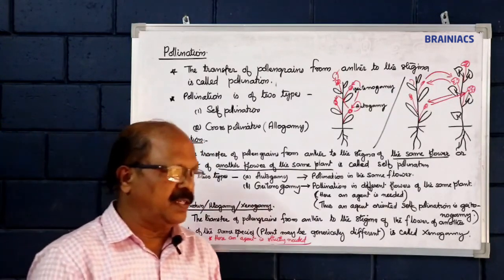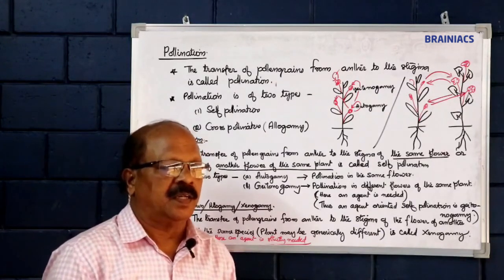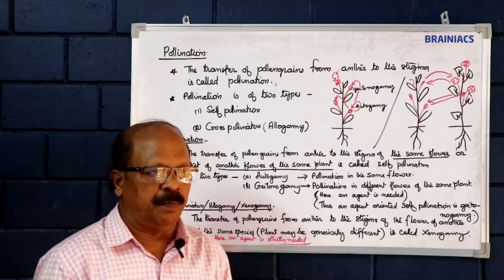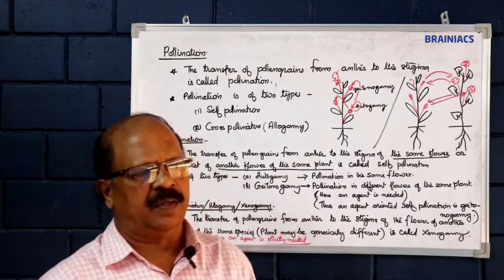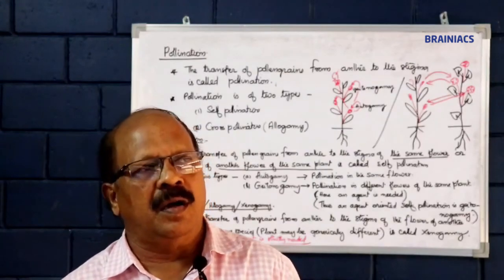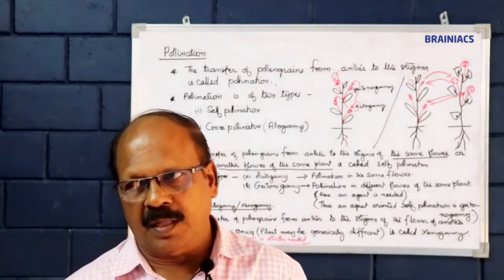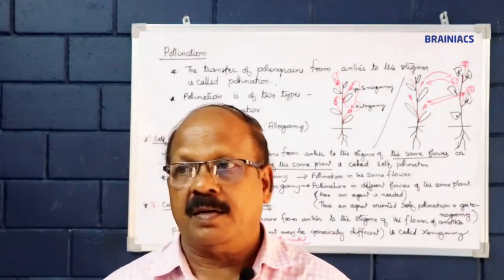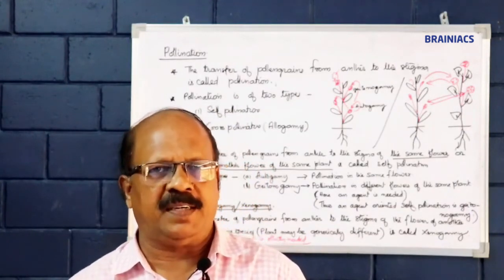So maybe insects, birds, ants, man in artificial pollination, snakes, snails, then water, air, which are all the mediators of cross-pollination.